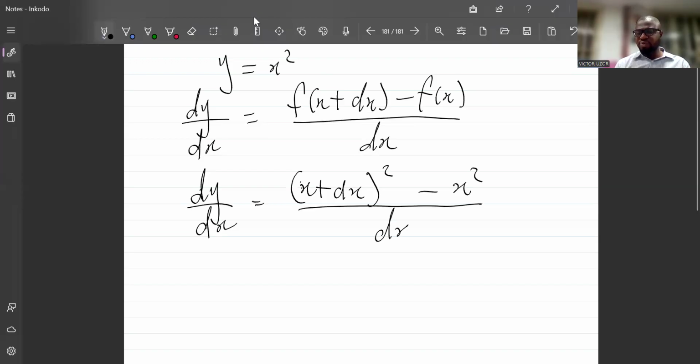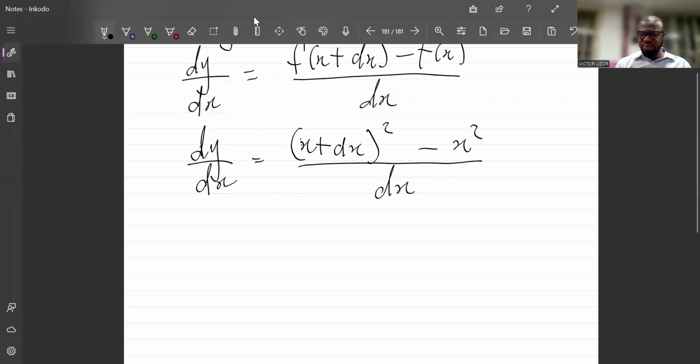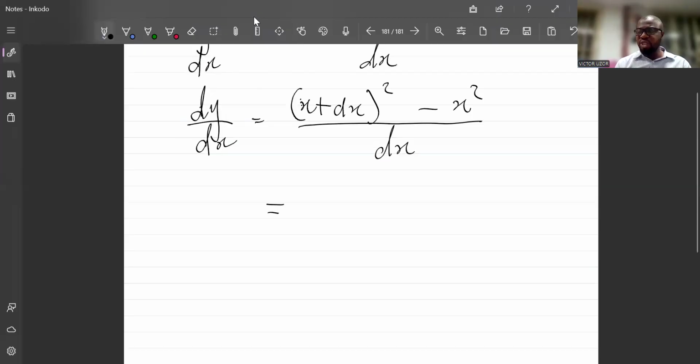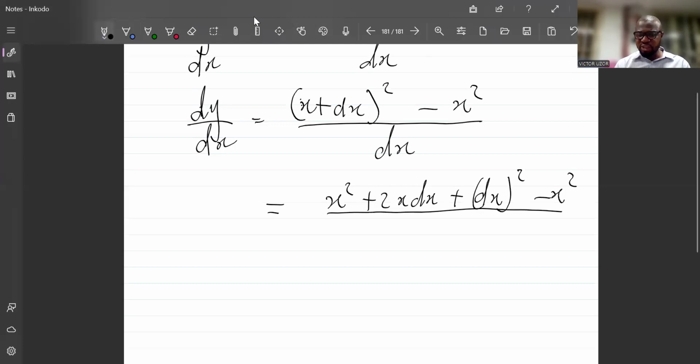Now I'll simplify. Basic algebraic simplification: if I expand this, it will give me x squared plus 2x dx plus dx squared, and I still have minus x squared all over dx.